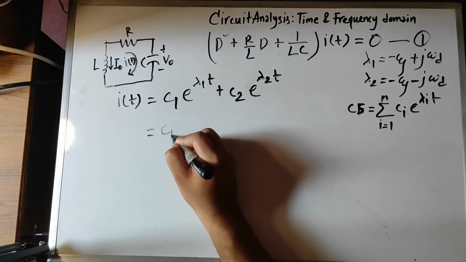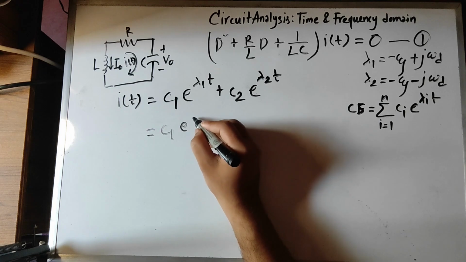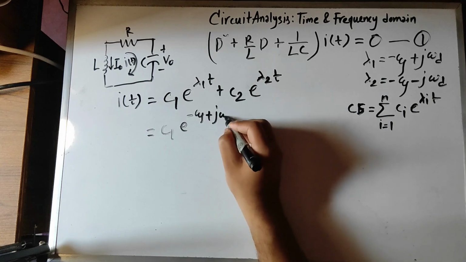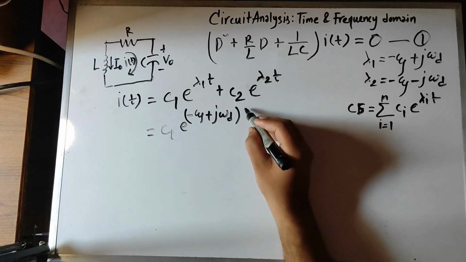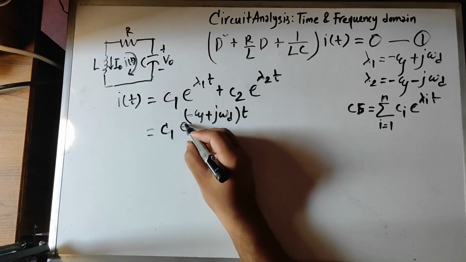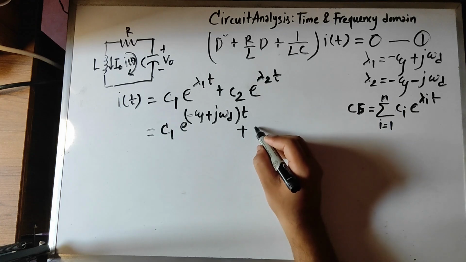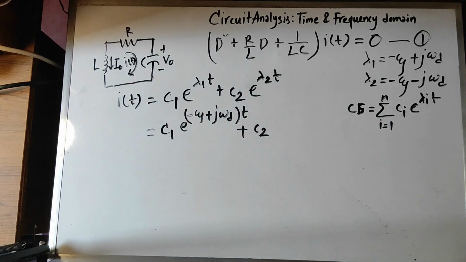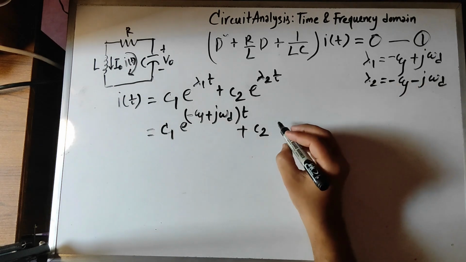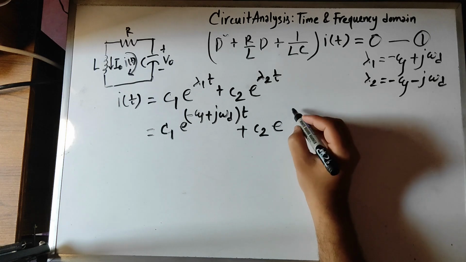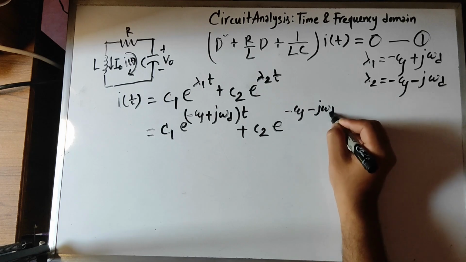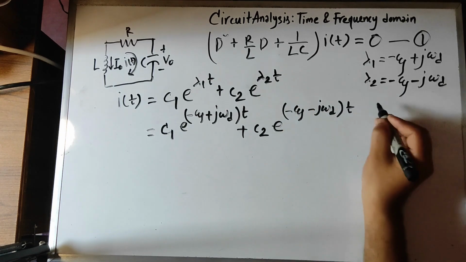So c1 e to the power lambda 1, which is minus zeta plus j omega d, t, plus c2 exponential minus zeta minus j omega d, t.